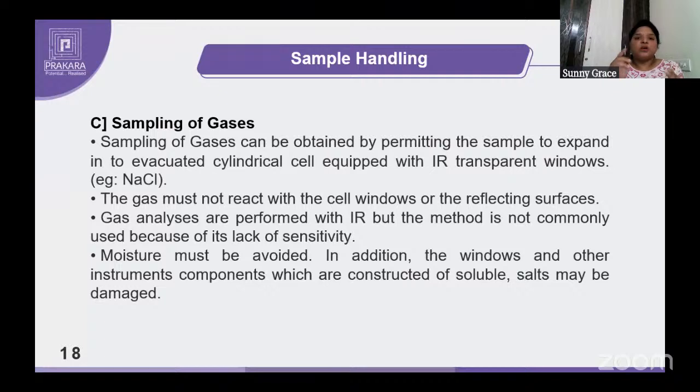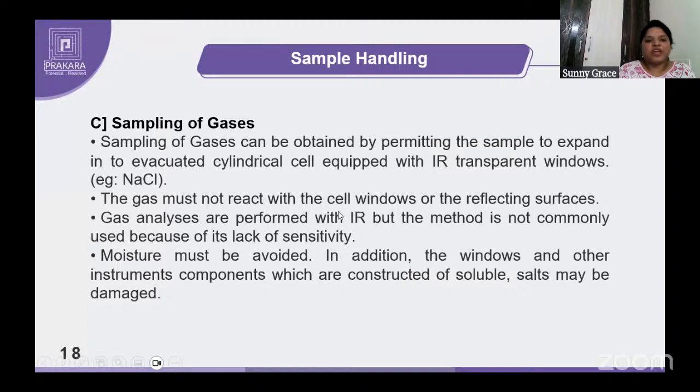The gas sampling unit also has mirrors. These mirrors reflect the radiation falling on the sample, so that multiple reflections are possible, which helps us to determine the gas sample.